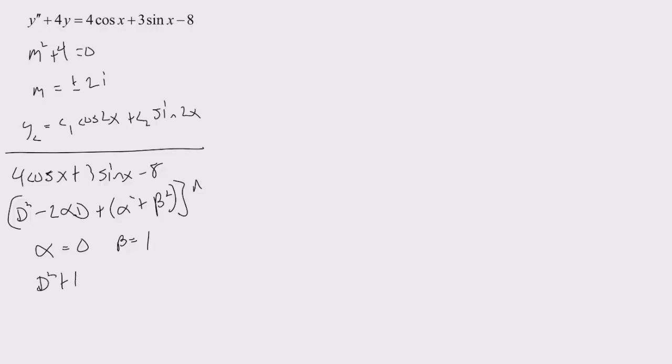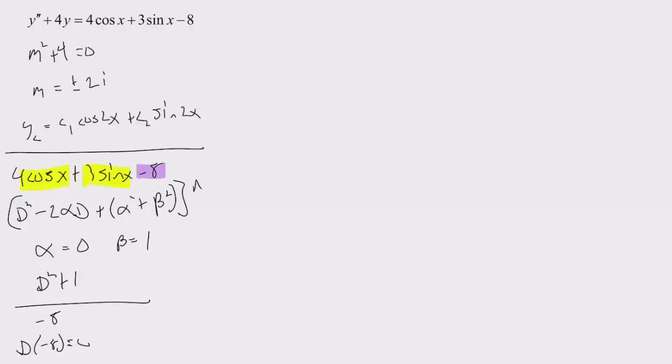Okay, and that annihilator piece is going to take care of the 4 cosine x and the 3 sine x. The minus 8, that's that constant piece. So what differential operator would annihilate a constant? That's just a simple D. Okay, so let's put all of that together.